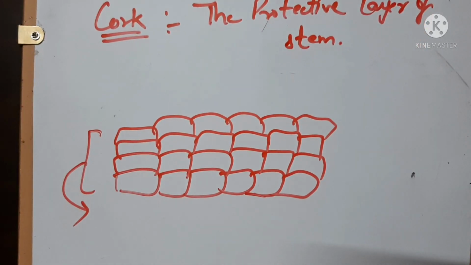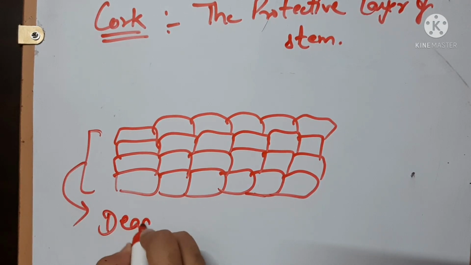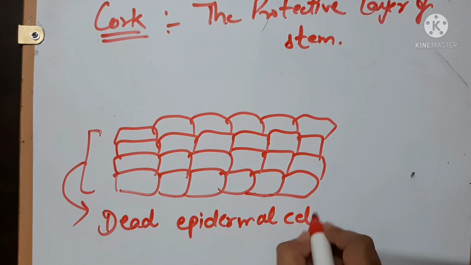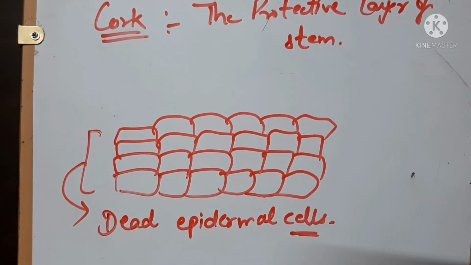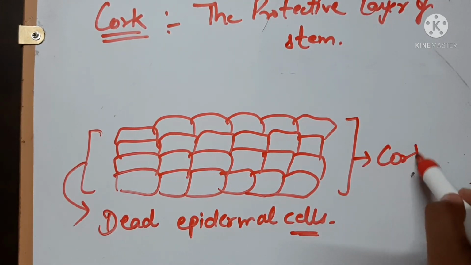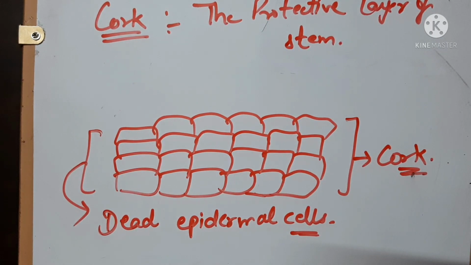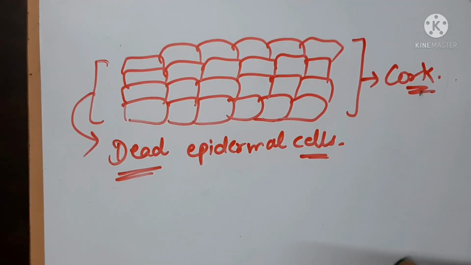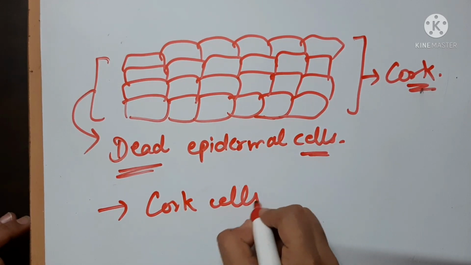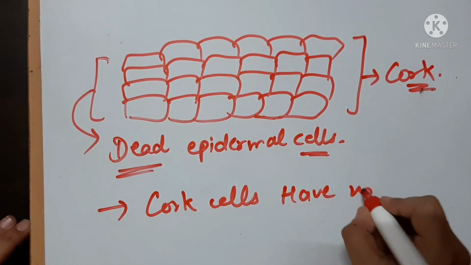But when these epidermal cells become dead, epidermal cells accumulate over each other, forming a stack of layers, and it forms cork. These are the dead cells. So it will not have any nucleus. So cork cells don't have any nucleus inside them.